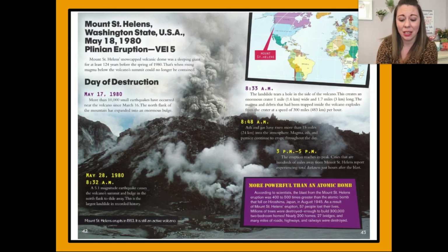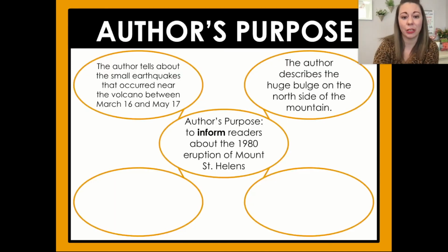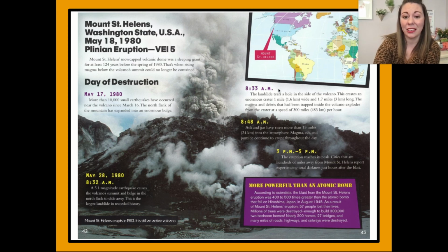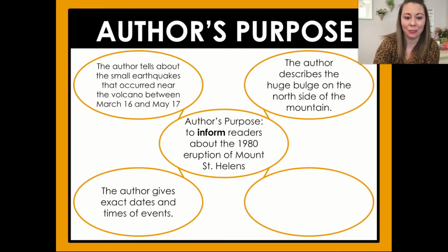Helens. And then if I look back in the text, the author also describes that huge bulge that happens on the side of the mountain before the earthquake on May 28th. The 5.1 magnitude earthquake causes the volcano summit and bulge in the north flank to slide away. So we know that there is a bulge on the side of the mountain, and then we know that that also causes that landslide on May 28th as well.